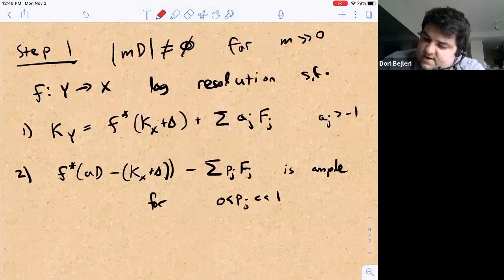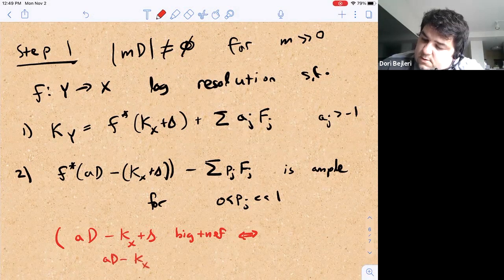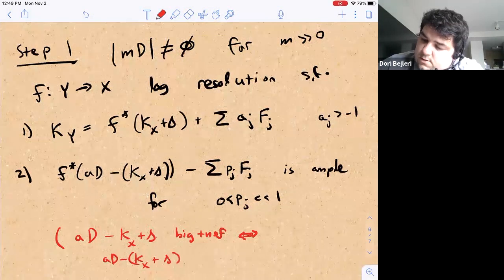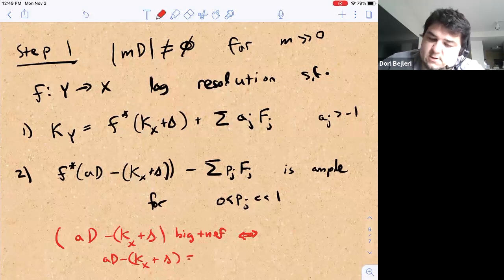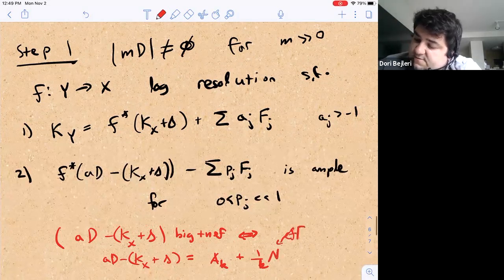This boils down to the fact that because AD − (K_X + Δ) is big enough, we have this stronger form of Kodaira's lemma that says that we can write it as A_k plus (1/k)N, where N is effective but doesn't depend on k, it's just a fixed effective divisor, and A_k is ample.